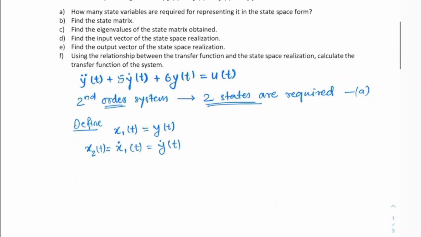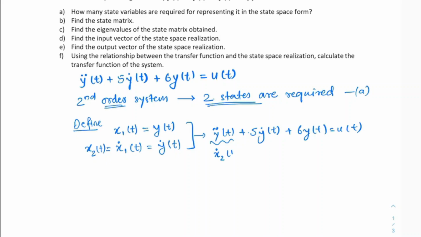If we use these definitions and plug them into the equation, y double dot of t is x1 double dot of t, which is x2 dot of t. So we have substituted y double dot of t.